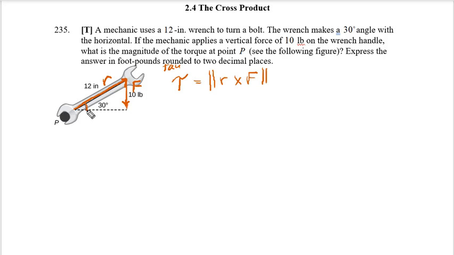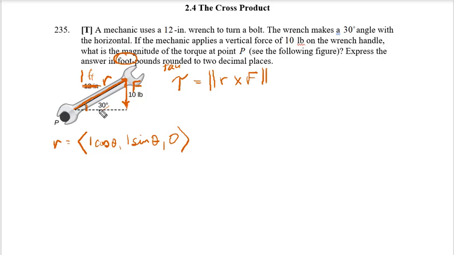It's at an angle of 30 degrees with the horizontal. We've done this before. By the way, this is in foot-pounds, so this 12 inches is 1 foot. So this is a 1 cosine theta and a 1 sine theta, and we'll use 0 for the z component since we're in 2 dimensions.